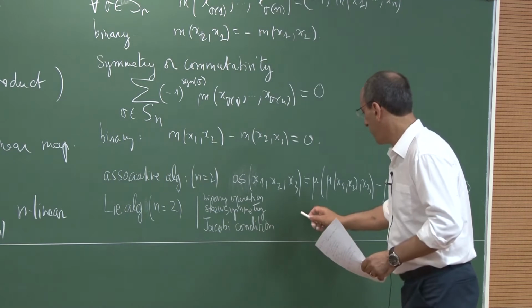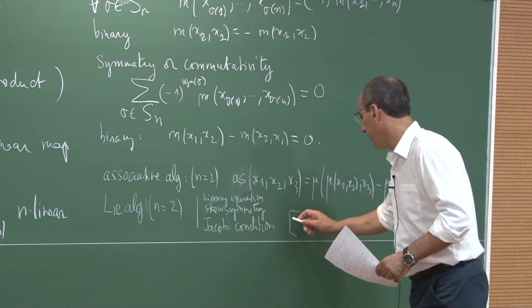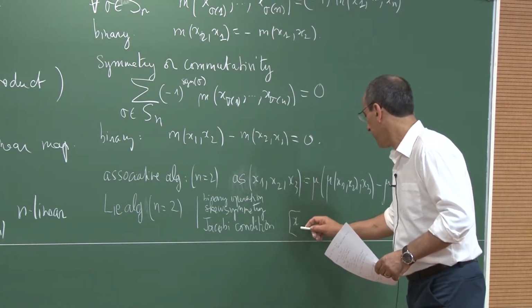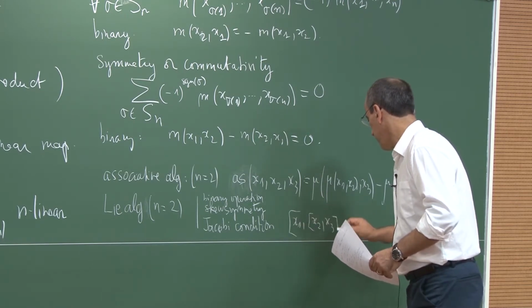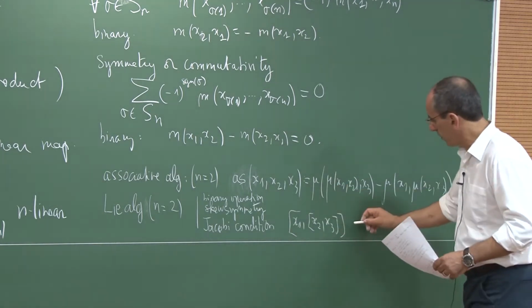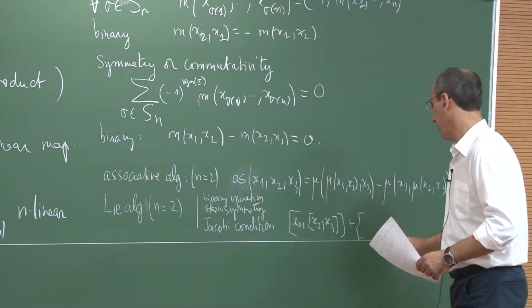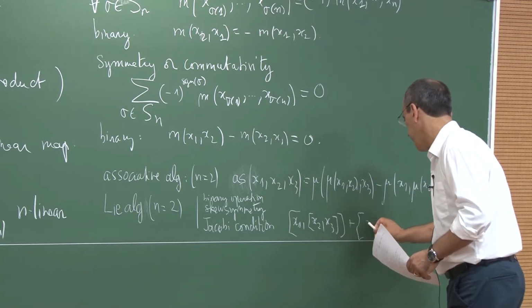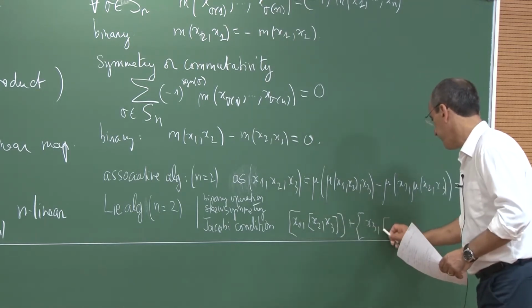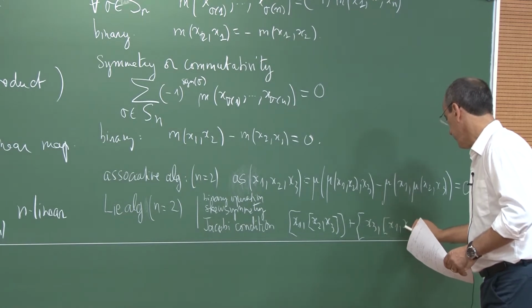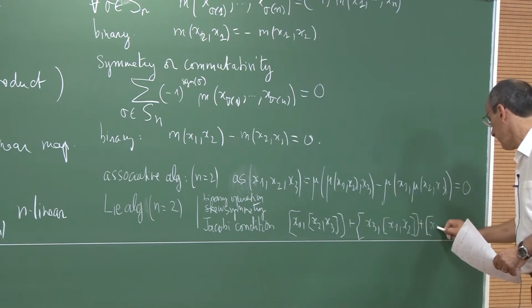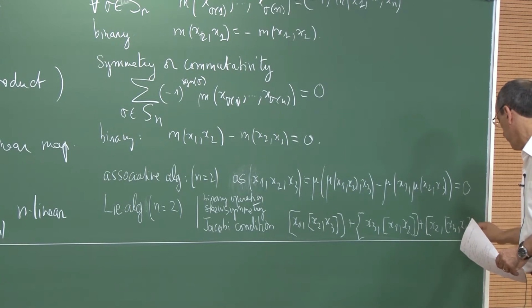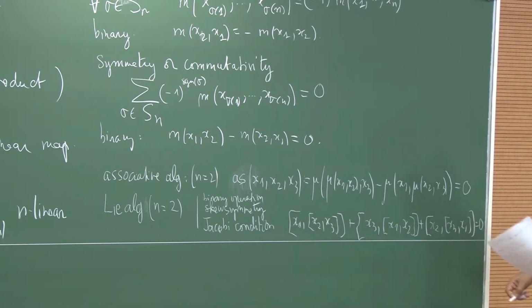We express the Jacobi condition in this way: if you have the bracket of x1 with the bracket of x2, x3, and you consider cyclic permutations, the sum should be 0.